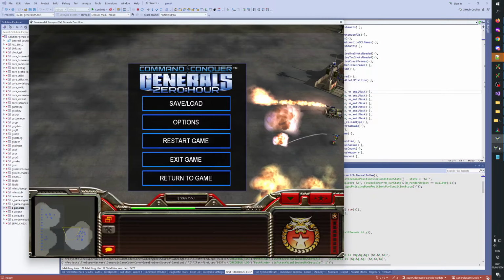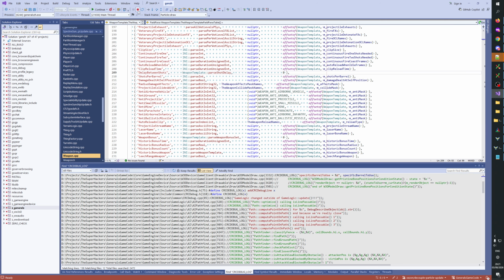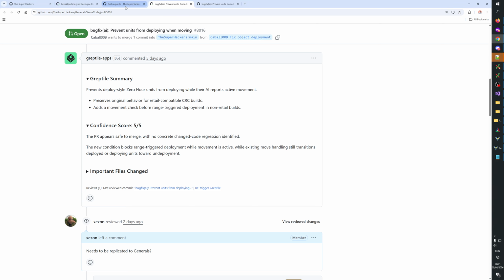Right, we were looking at particles. Yeah. What do we do now with this particle thing? I don't know.